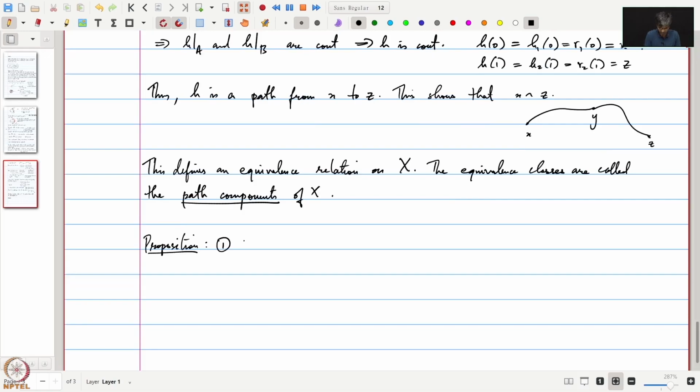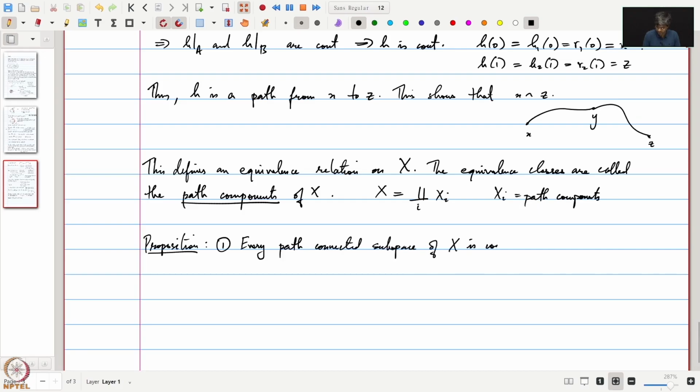We can write X as a disjoint union of the Xi's, where the Xi's are the path components. One, every path connected subspace of X is contained in some Xi.